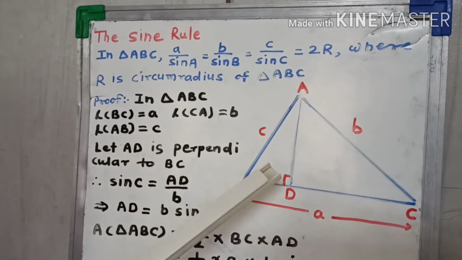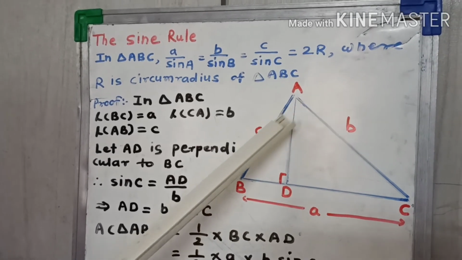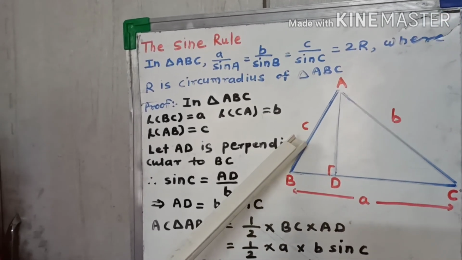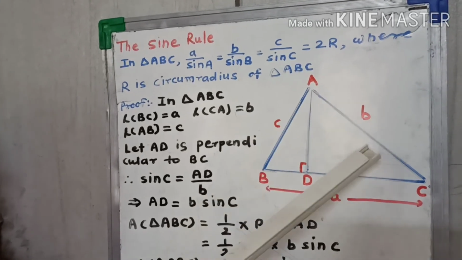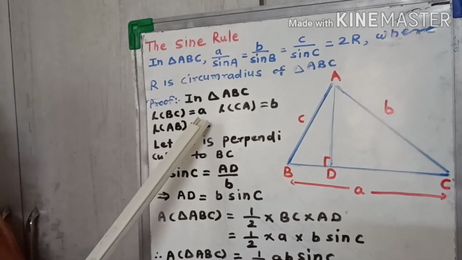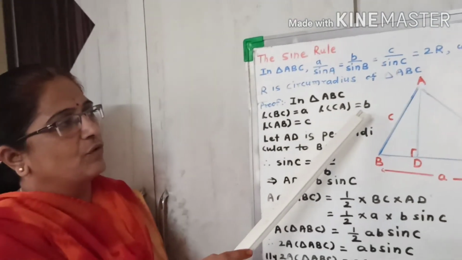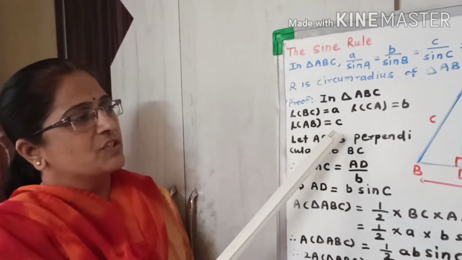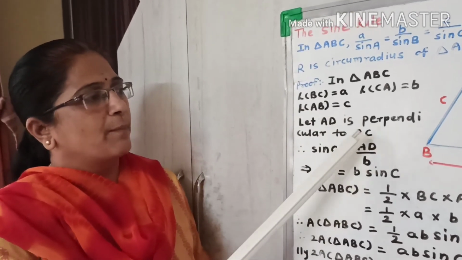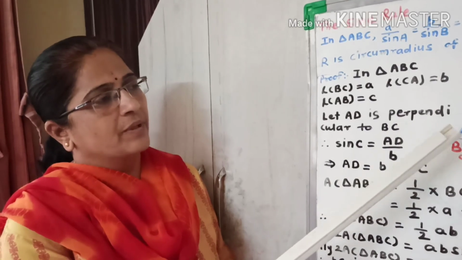So for the proof, draw the figure triangle ABC. Here length AB is equal to c, AC is equal to b, BC is equal to a. Let AD be perpendicular to BC.